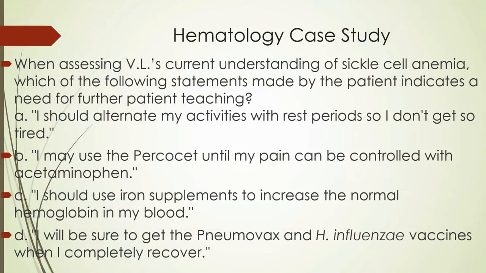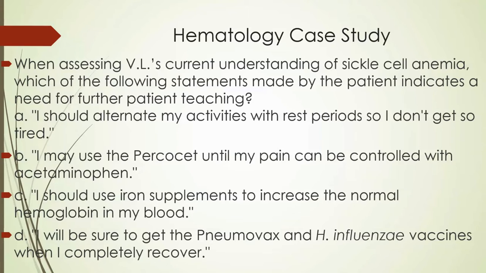So C is the incorrect statement, which is the correct answer, because iron supplements in this case won't help in sickle cell disease because it won't help to increase normal hemoglobin. She has enough hemoglobin, just some of it is hemoglobin S, which could form the sickling.